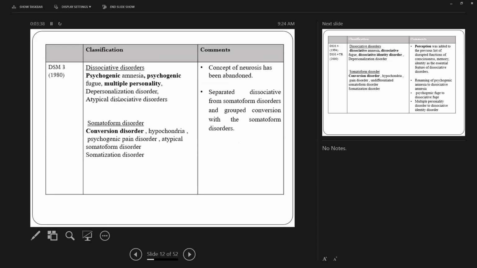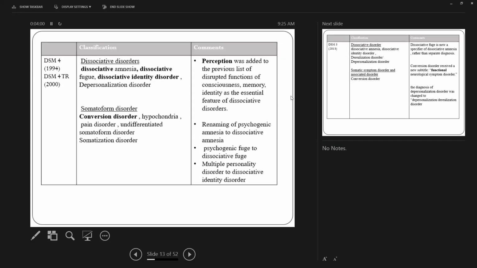Dissociative disorders were further subclassified as psychogenic amnesia, psychogenic fugue, multiple personality disorder, depersonalization disorder, and atypical dissociative disorder. So in DSM-3, the concept of neurosis was abandoned, and they separated dissociative and conversion disorder, which were placed under somatoforms.